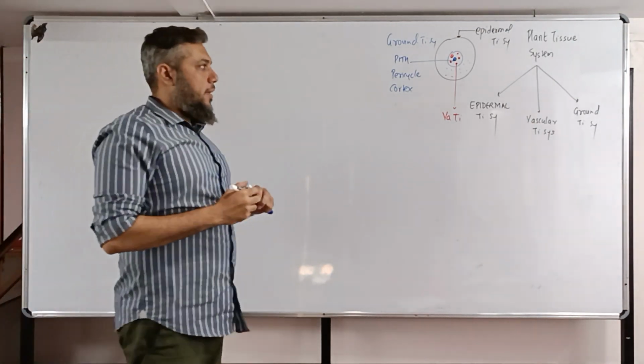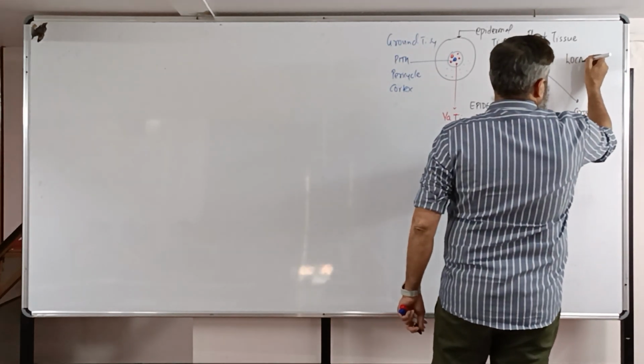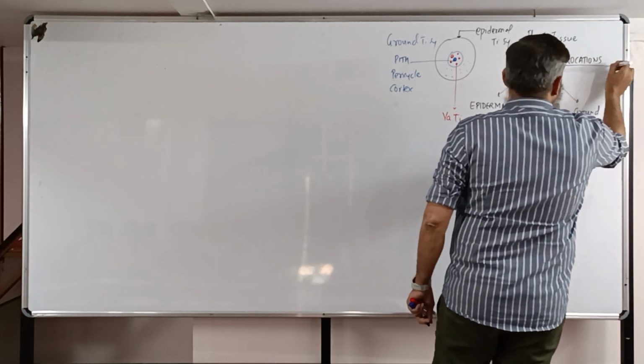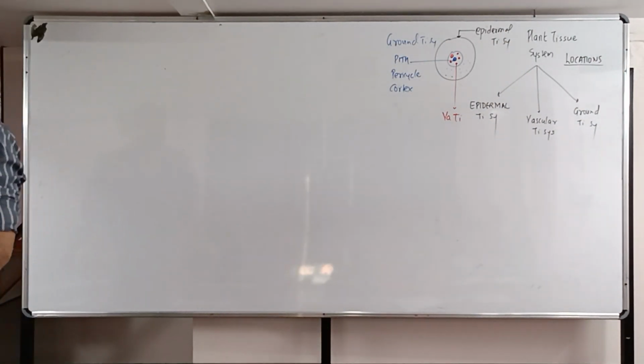So we classify them based upon their locations in the plant body. We classify them into which kinds? Epidermal tissue systems, vascular tissue systems, and the ground tissue system. The first one, what is it? Epidermal tissue system.